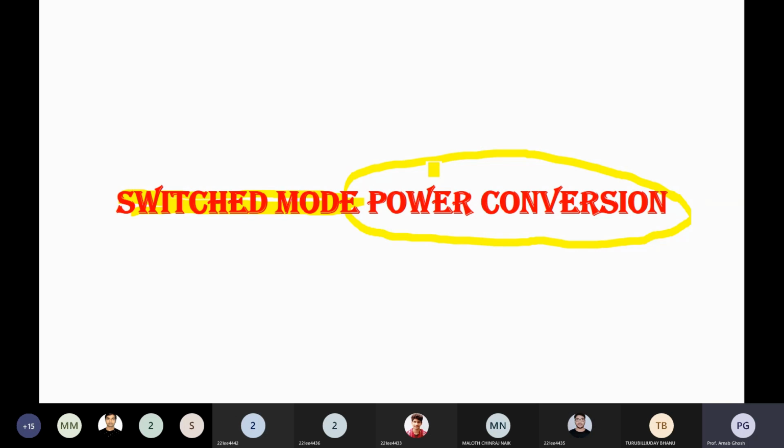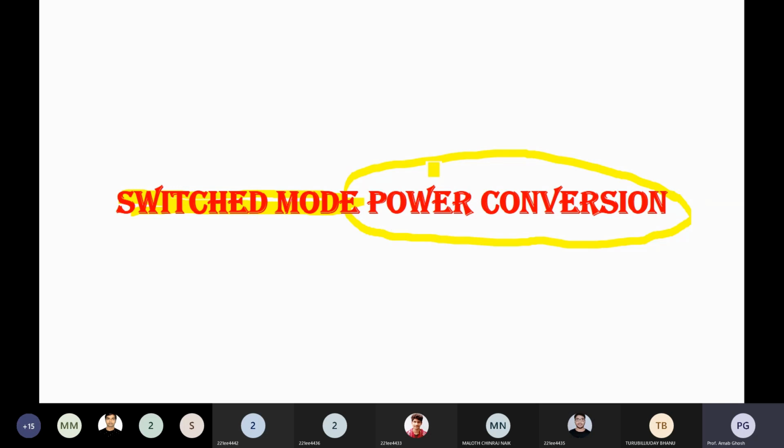If you use all the semiconductor devices just like switching devices, what will be the benefit? When the switch is on, the total current flows through the switch, so current is maximum, and the switch is short-circuited, so voltage is zero.